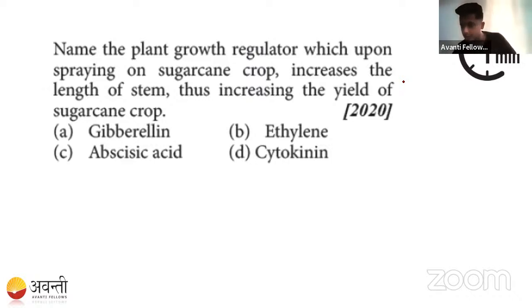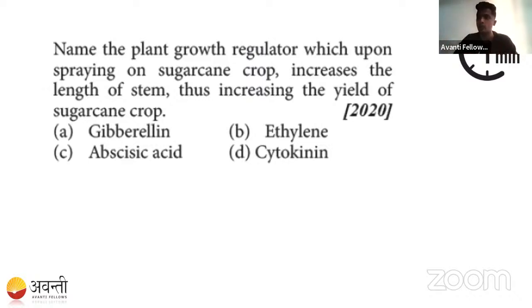Okay, students, your time is up. Let's see what is the answer. They're asking which would promote the length of the stem of sugarcane as well as the yield when we spray it. When you talk about the options like ethylene, abscisic acid, and cytokinin, we know the functions of these basically. Ethylene is a gas, it helps in ripening of the fruits and maintaining the color and texture of the fruit.